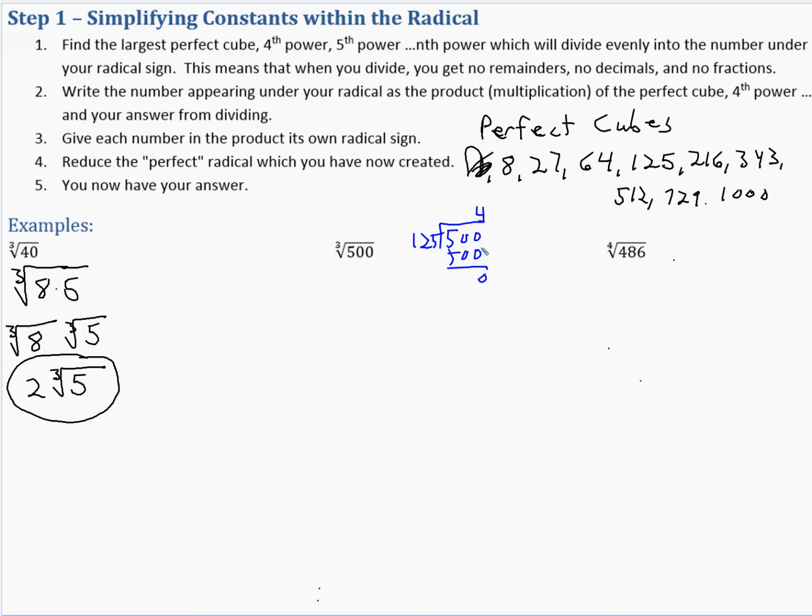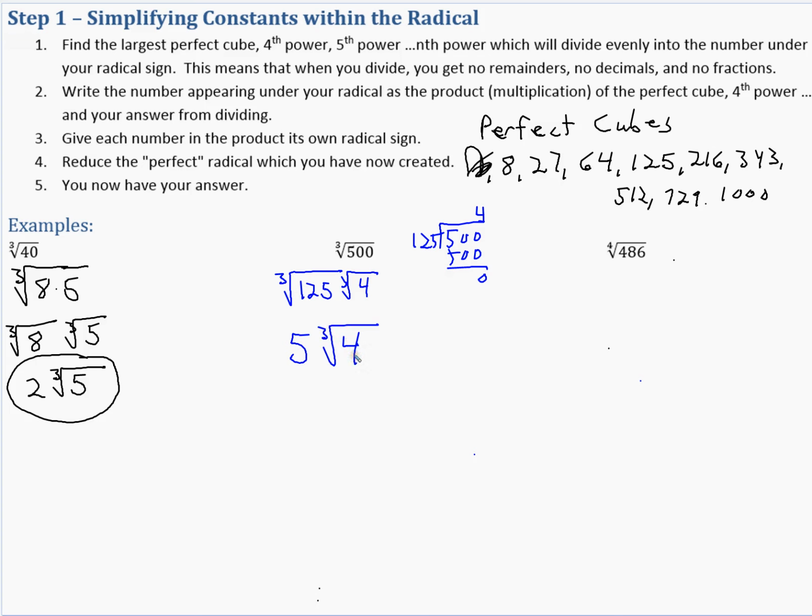So we know the perfect cube 125 goes into this, so we're going to rewrite this as the cubed root of 125 times the cubed root of what was left over, which is 4. And I told you not to forget your index there, and I almost forgot it. So cubed root of 125, what times itself 3 times is 125, that's 5. So we have 5 times the cube root of 4.